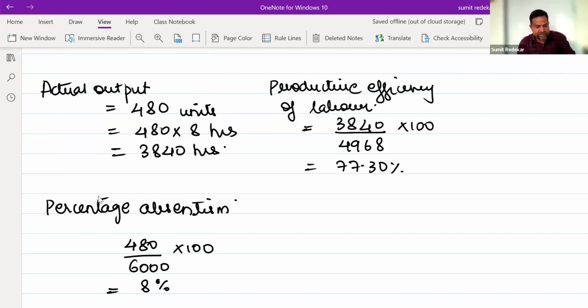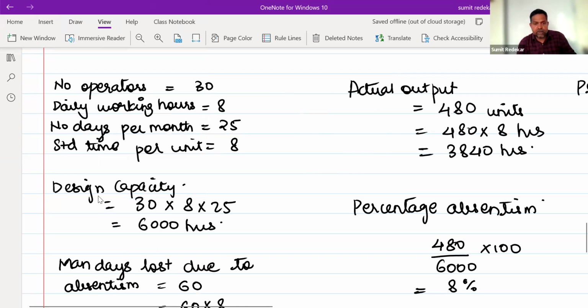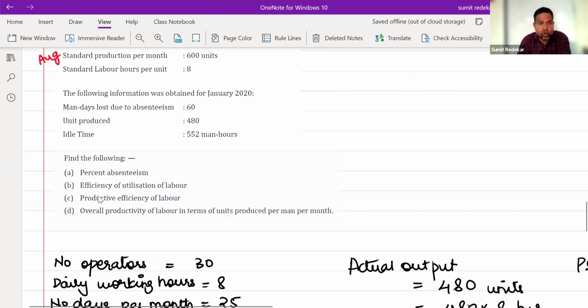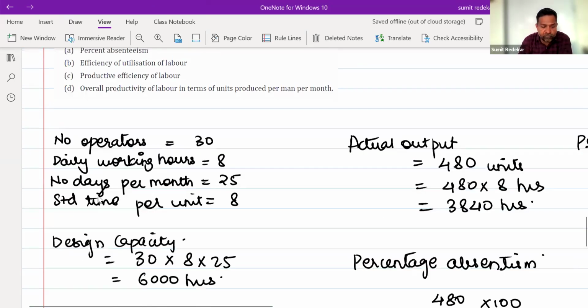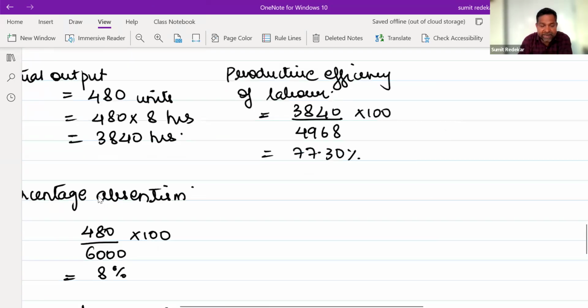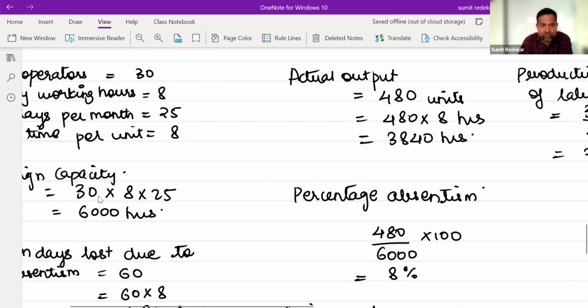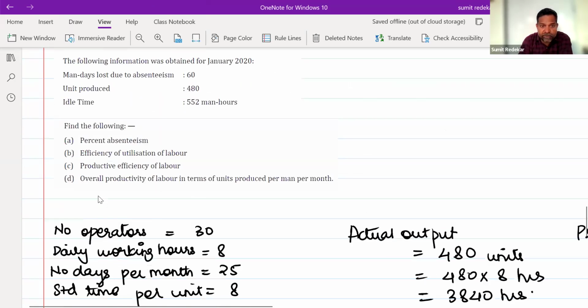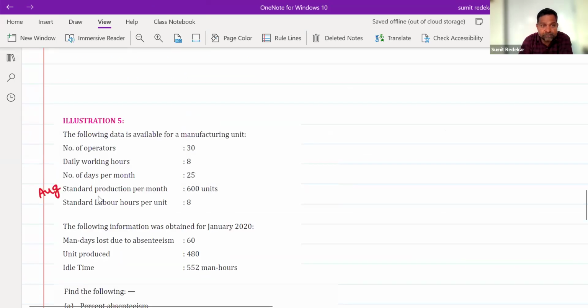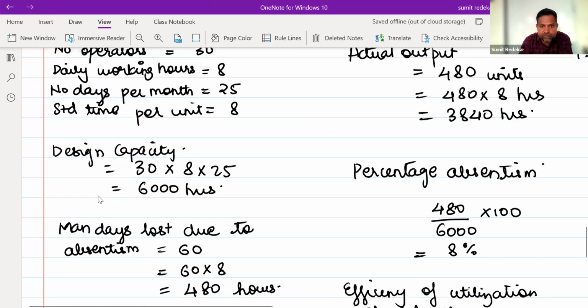Last but not the least, and that is overall productivity of labor in terms of units produced per man per month. So how many units does one man make in a month? I am getting an output of 480 units with how many men? 30 men.